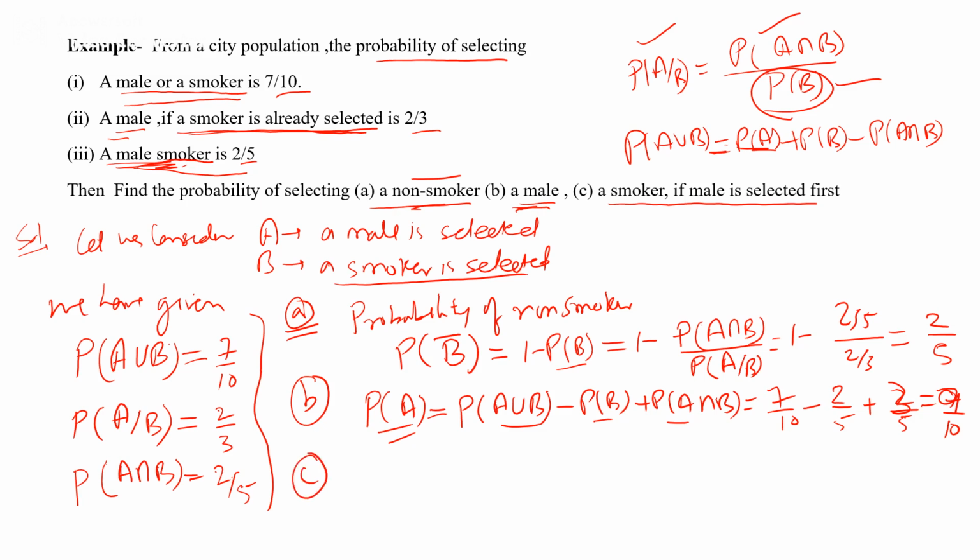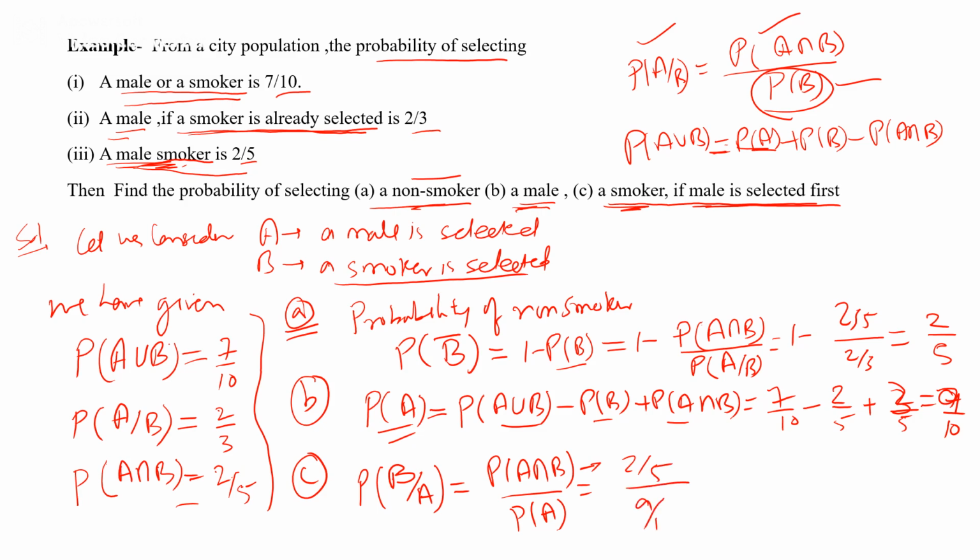Now similarly we can find the third one, that is the probability of a smoker if the male is selected first. It means we have to find the probability of B given that A has already occurred. So we write probability of A intersection B divided by probability of A. Here the probability of A intersection B is 2 by 5, divided by probability of A, which is 9 by 10.